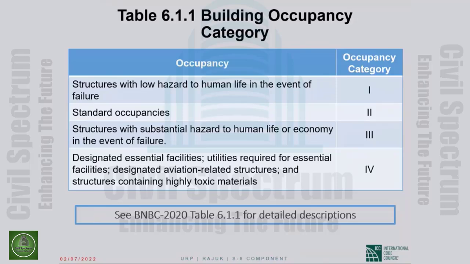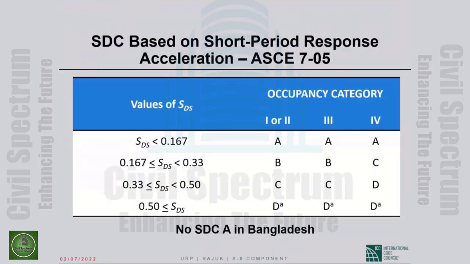And 2 are standard occupancy buildings. The apartment building, the office building, all of those are occupancy category 2. Okay. So occupancy categories 1 through 4.